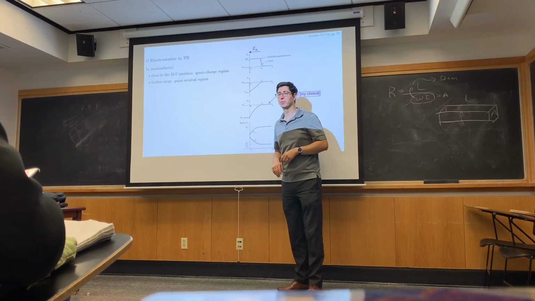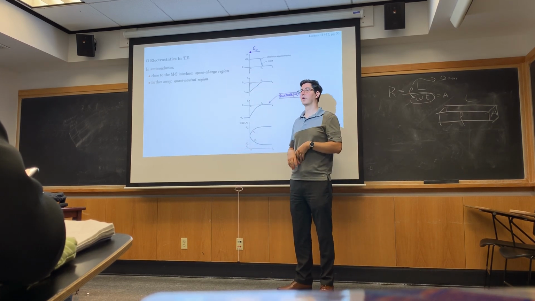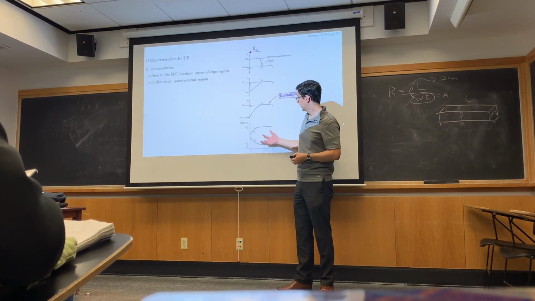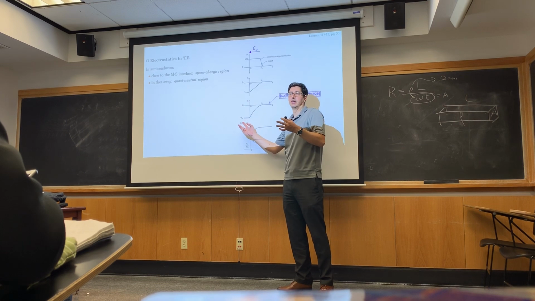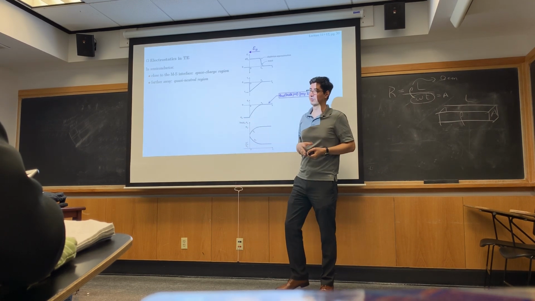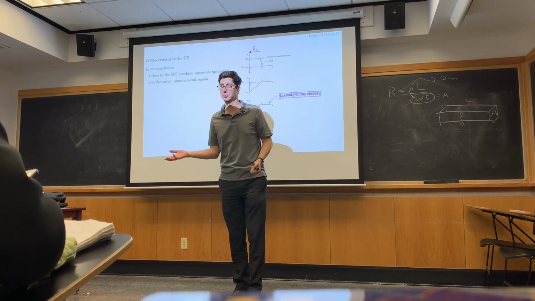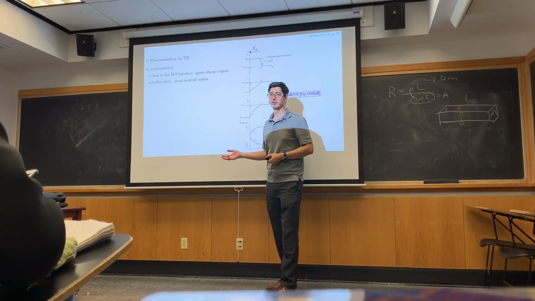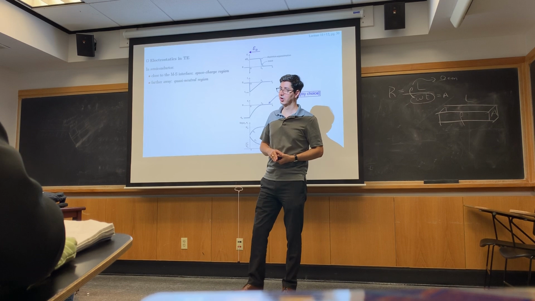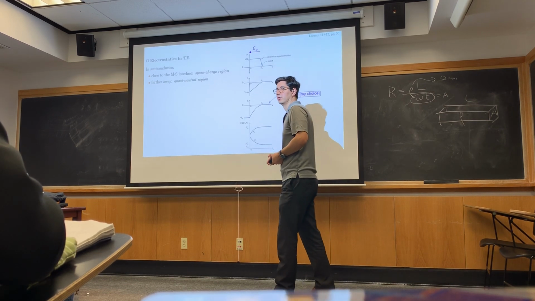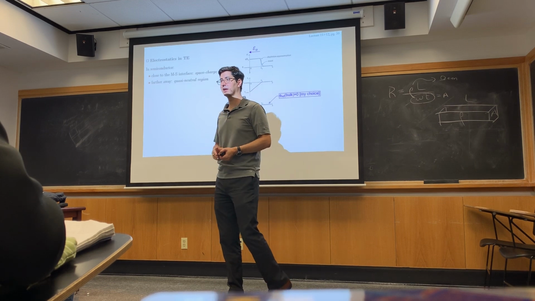Nonetheless, the depletion approximation is very, very useful, and it gets you very accurate results. If you want 10 nines of precision, you're not going to use the depletion approximation. If you're trying to understand how something changes in temperature, or you want an order of magnitude, or even within a factor of 2, it's probably going to get you there.